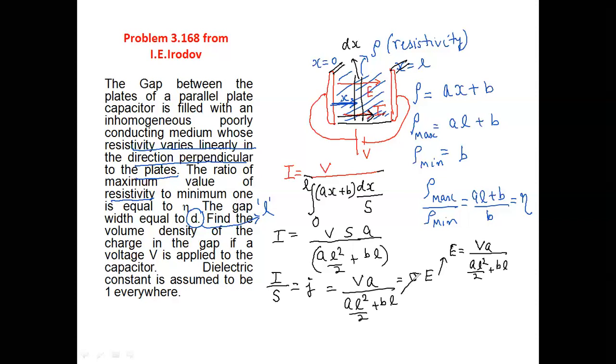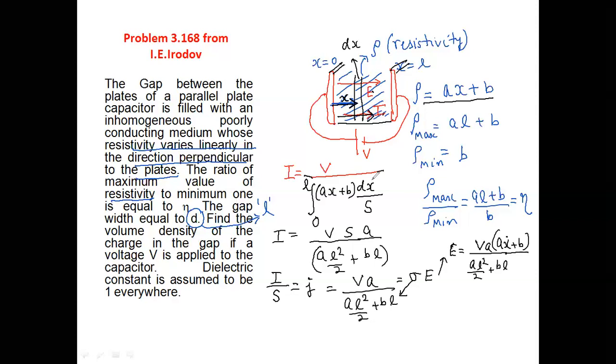This sigma is in the denominator, and 1 over sigma is the resistivity, for which you can write A x plus B, since resistivity we have assumed as A x plus B. So now we have obtained electric field as a function of distance x. That means the electric field in this gap is non-uniform. It is a function of distance from one plate, E as a function of x. We have obtained a non-uniform one-dimensional electric field in the space.